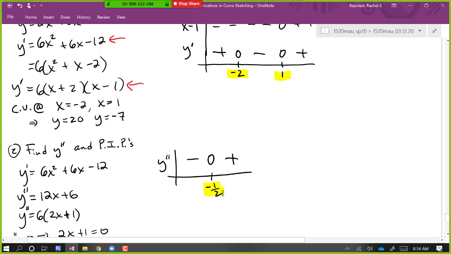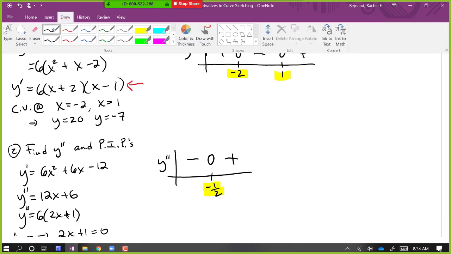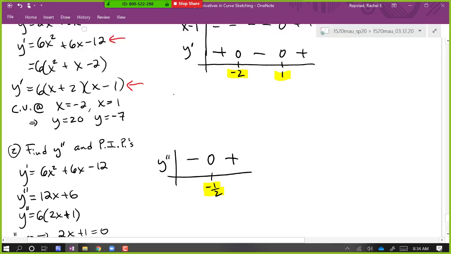So we've got 3 of them. And here, just to illustrate, if this is a real number line, what I'm doing is marking down these values in the order in which they appear. So here's negative 2, negative a half, and 1.